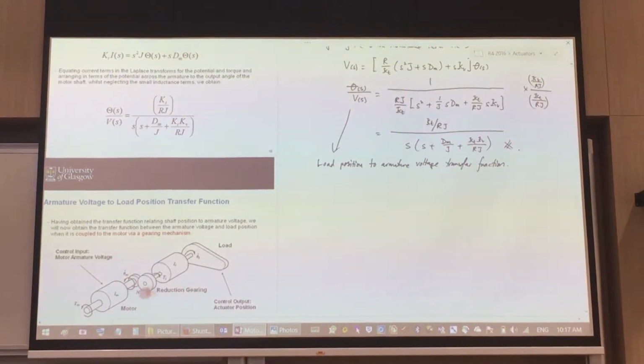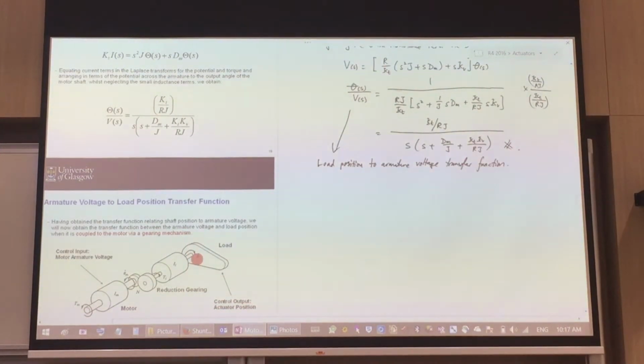So this is the system over here, where you have your motor. It looks very familiar because you've seen this before. Then there's this gear reduction, then the inertia and the load, and then the load position that you want to find out.